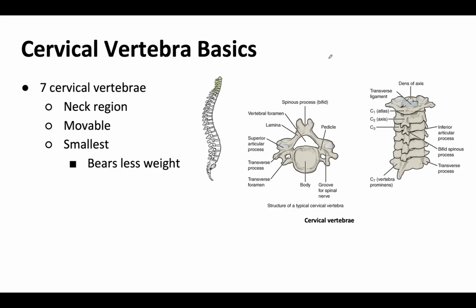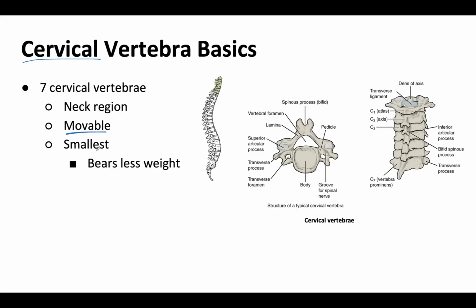So our most superior vertebrae are going to be these cervical vertebrae, which form the skeleton of the neck. They are movable, meaning that there are joints between these vertebrae that facilitate and allow movement. In fact, the cervical vertebrae are generally described as the most mobile of the vertebrae, although the lumbar are relatively mobile as well.